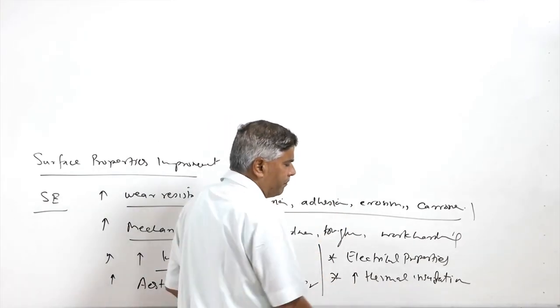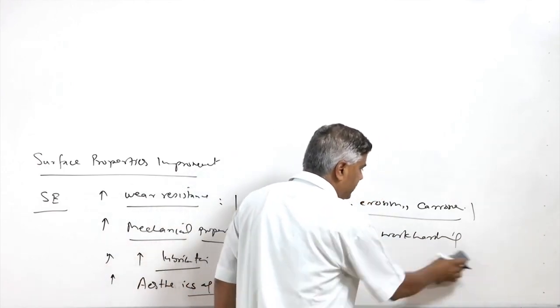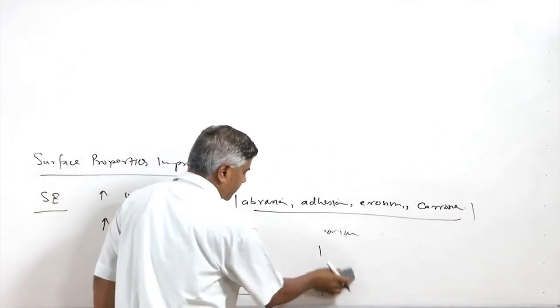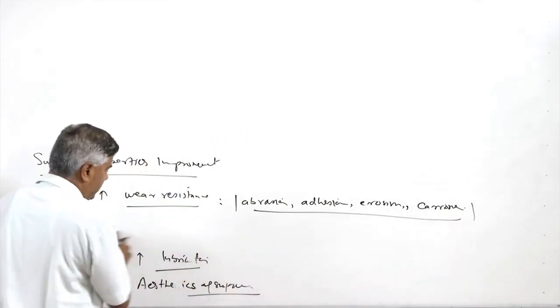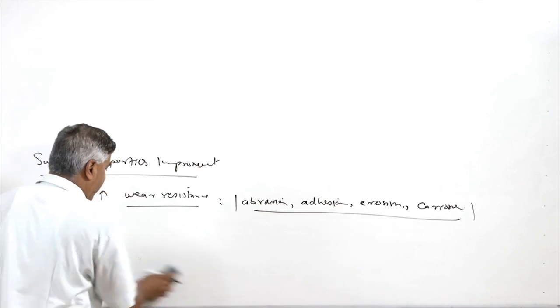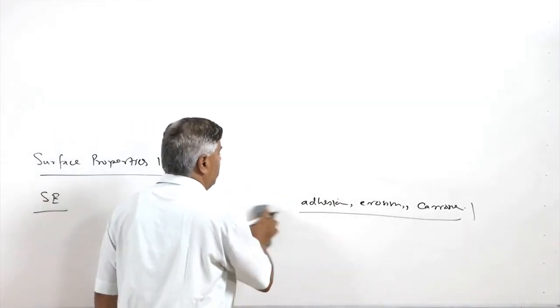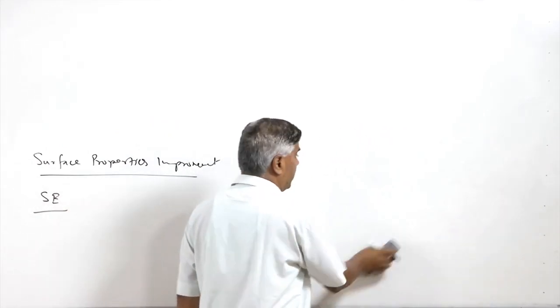So thermal insulation helps to improve the thermal efficiency of such kind of systems. So these are some of the characteristics or purposes for which the surfaces are modified in order to have better surface properties, improved functionality and improved life of the components.